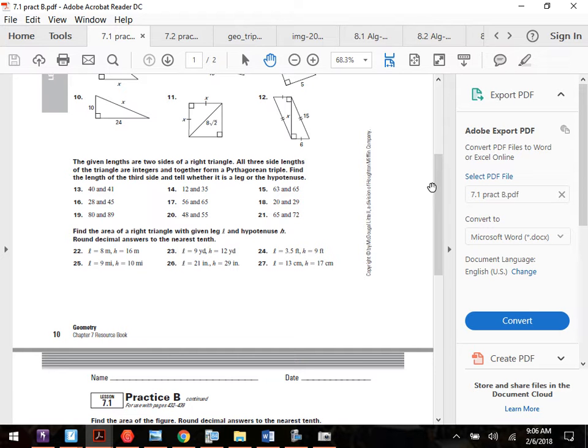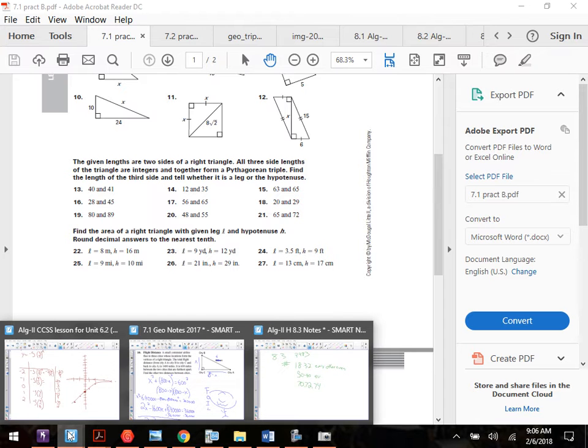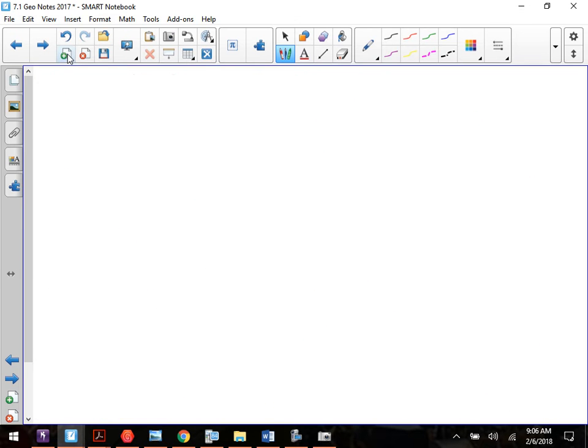But one thing that you can do with the Pythagorean theorem that the textbook doesn't have, which we're going to wind up doing more of today, is this. We know that if a squared plus b squared equals c squared, what kind of a triangle is that? It's a right triangle.